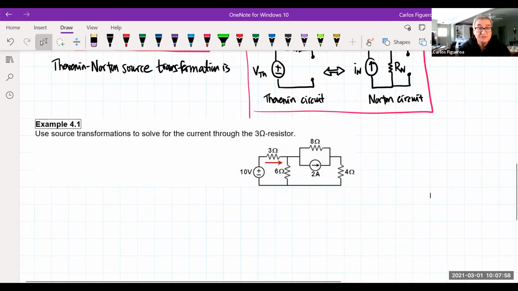So the first thing we should look at is, for starters, note that we want to solve for the 3 ohm resistor.